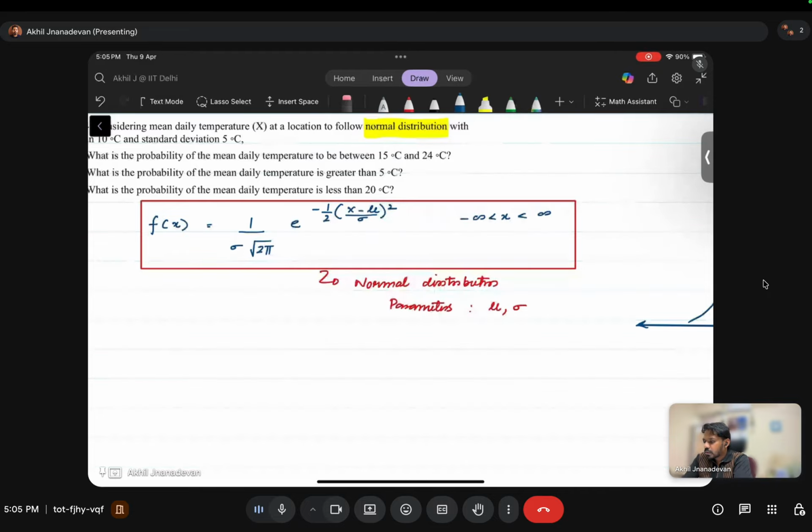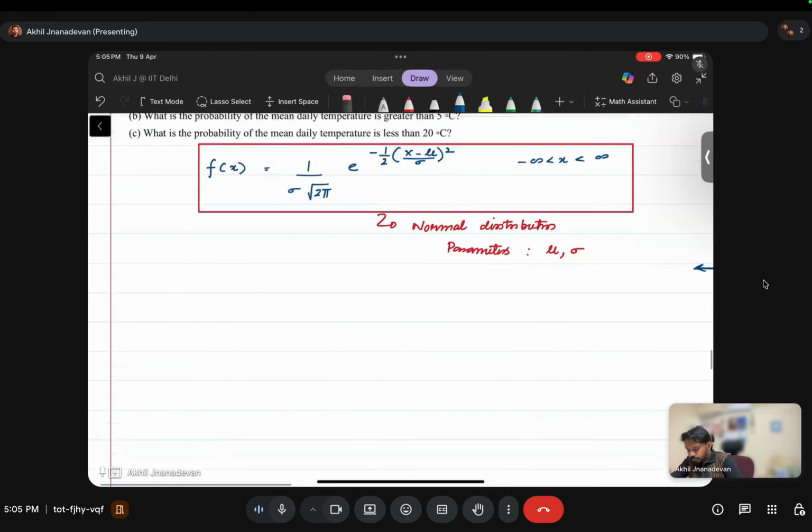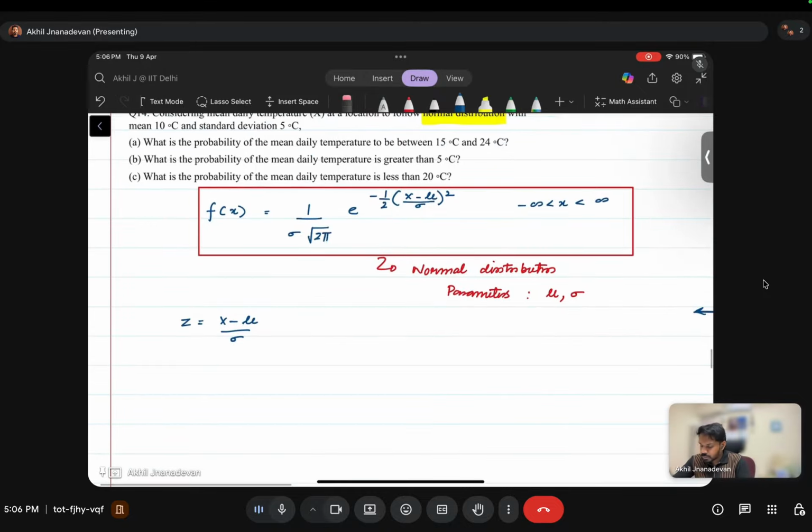For the standard normal distribution equation, what we are basically doing is assuming a standard normal variate, a new variable z, that is equal to x minus mu by sigma. You can see within this particular term there is a term for x minus mu by sigma.